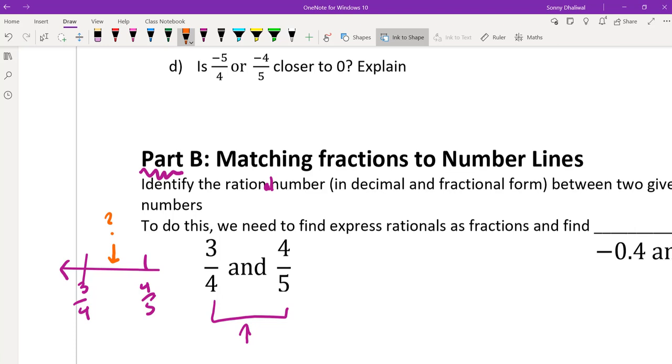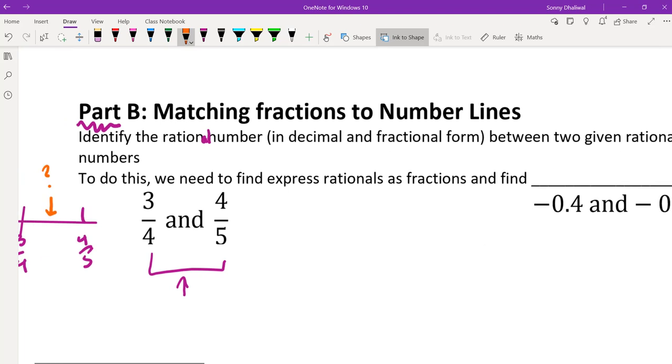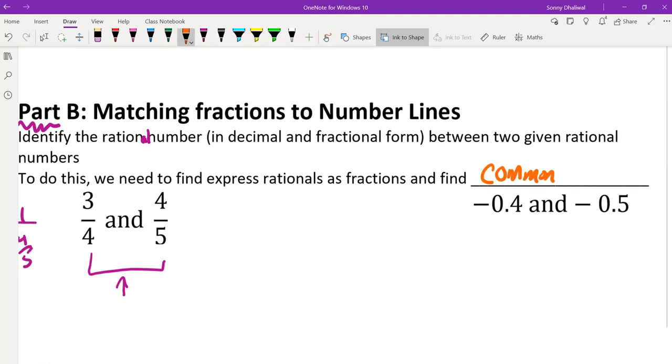What we learned last day is the way we compare numbers is either having things in decimals or having things as common denominator fractions. So we're working with fractions here, so we're going to convert everything to have a common denominator.